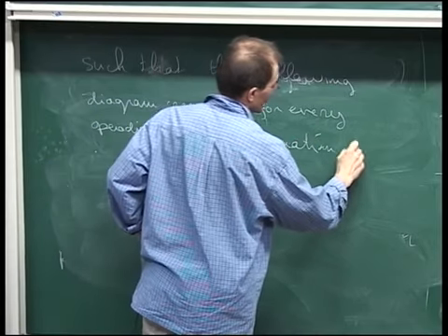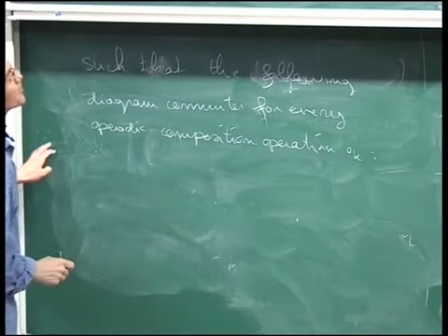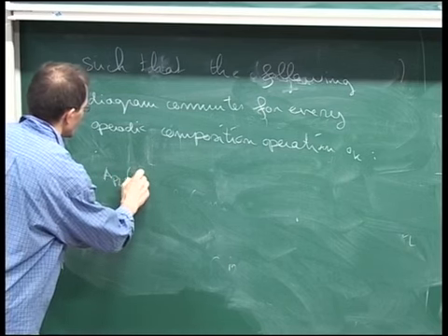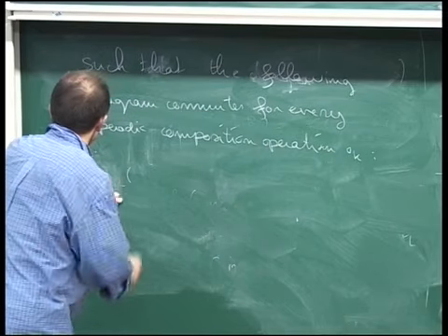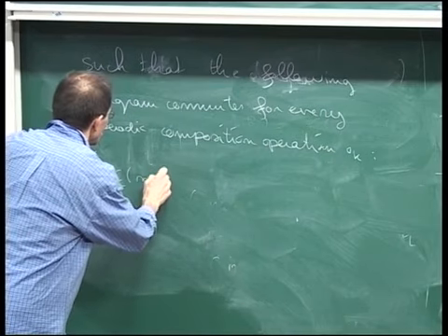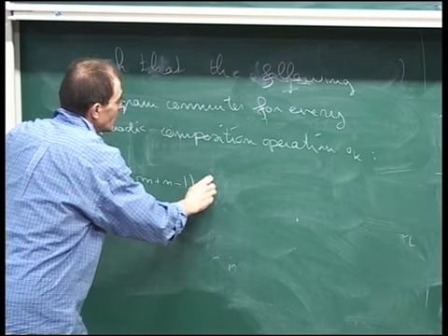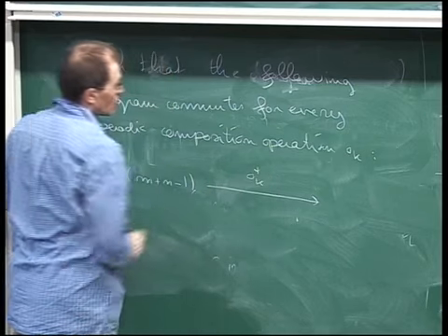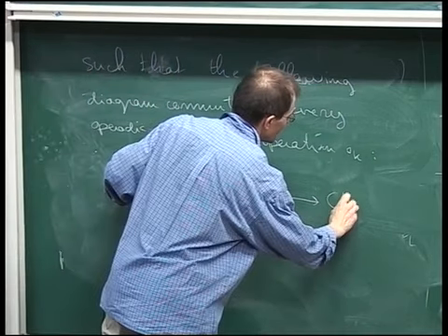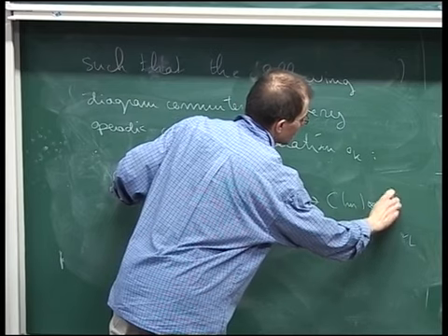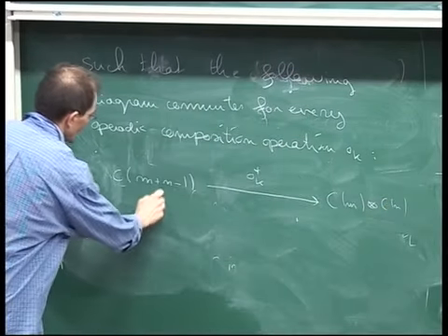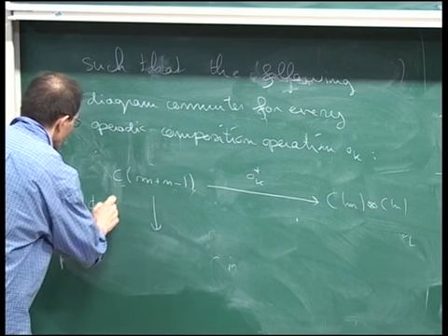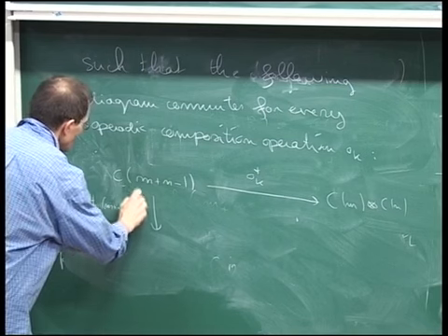So what can you do? You can start with a model of C, rather. You can start with C of m plus n minus 1. Take your coproduct, you land in Cm tensor Cn. Then here you take the map phi sharp m plus n minus 1.